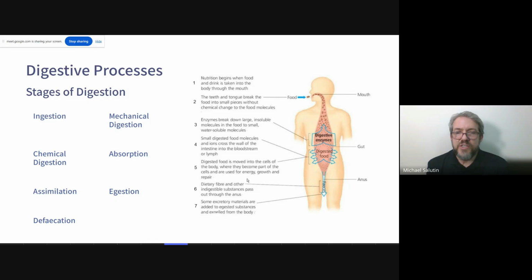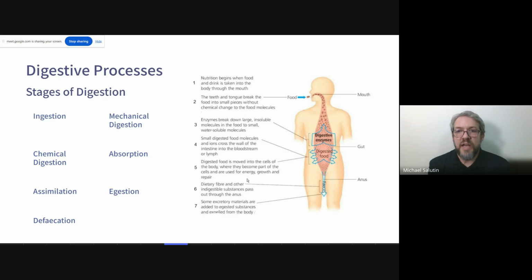So that's ingestion. Next, we have number 2, mechanical digestion. This is where the teeth and tongue break down the food into small pieces without a chemical change to the food molecules. That's not completely true because your mouth does have salivary glands, which produce the enzyme amylase.